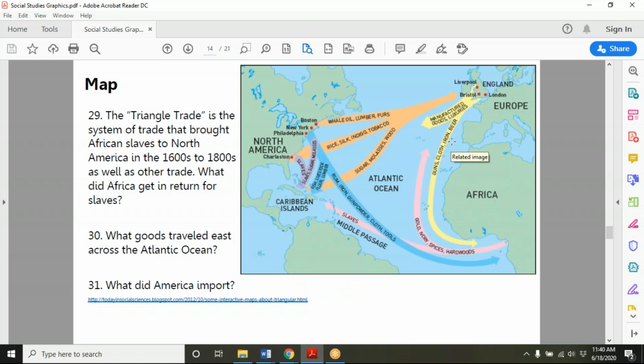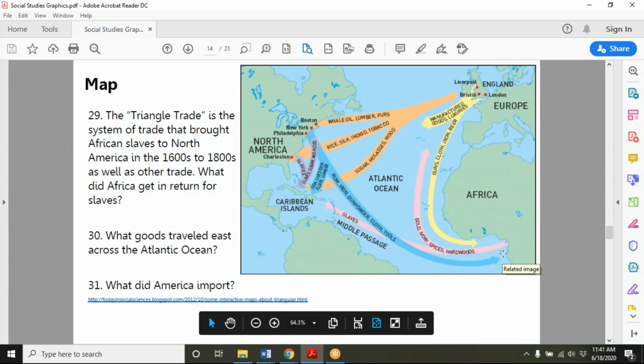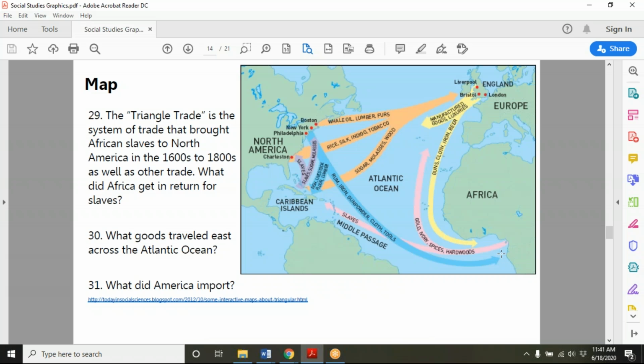Europe takes those raw materials and makes manufactured goods, luxuries, guns, cloth. So we take the enslaved African labor and grow, say, cotton in North America, and then cotton goes to Europe where they turn it into things. So that's the triangle trade. Some of those manufactured goods made it back to Africa, and then the cycle just kept going.